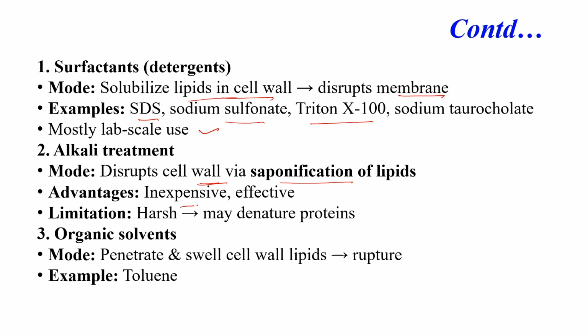Here the advantage is that it is inexpensive as well as effective, but alkalis are harsh and may denature proteins. One can use organic solvents; they penetrate and swell the cell wall lipids, which leads to rupture. One example is that toluene can be used.